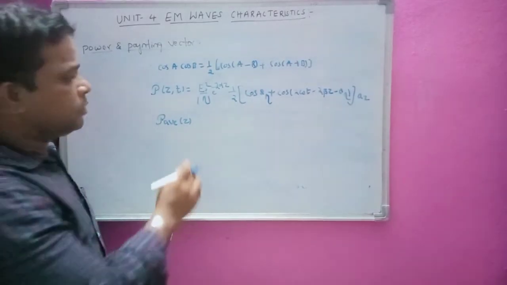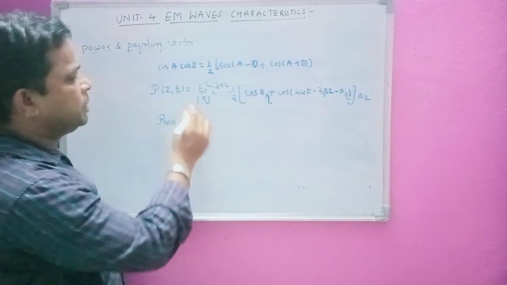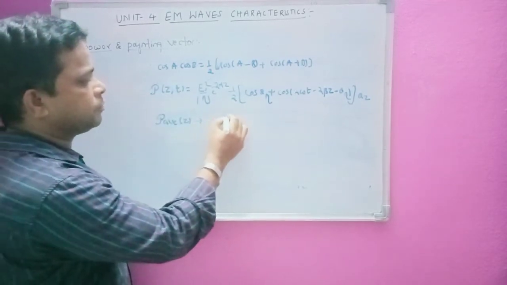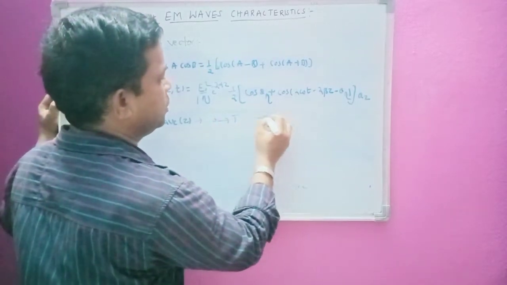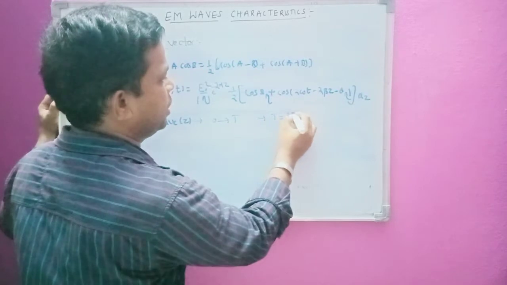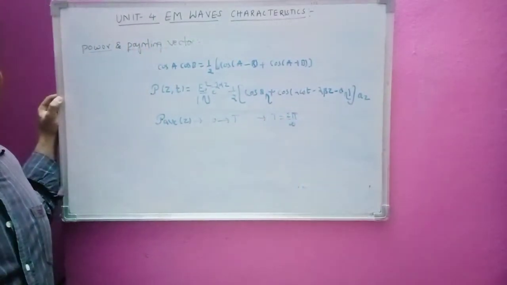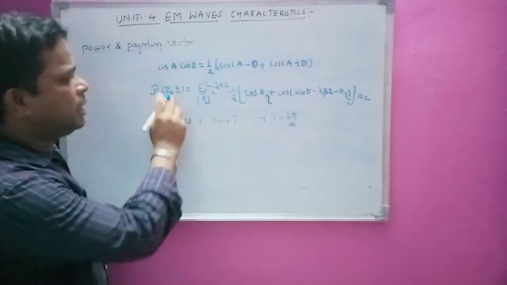We are going to get the average of the Poynting vector by integrating in the limit 0 to T, where T is equal to 2 pi by omega, as we know. So here we are going to calculate. Now the next parameter is P average of the Poynting vector, that is the average power of the Poynting vector.